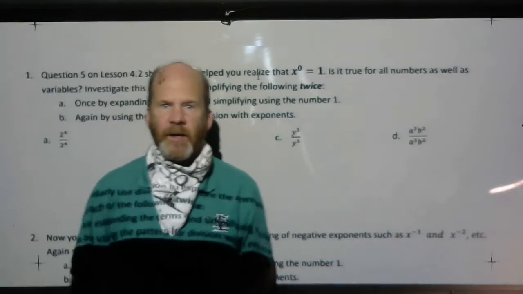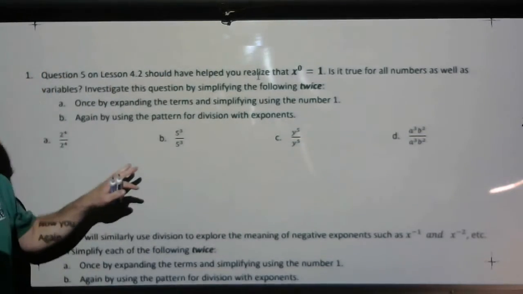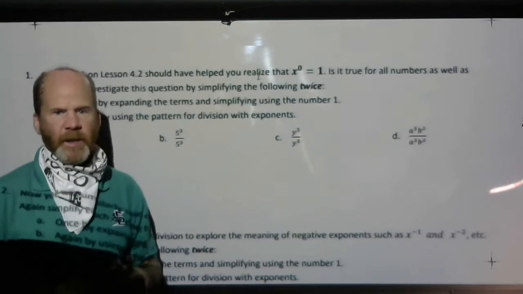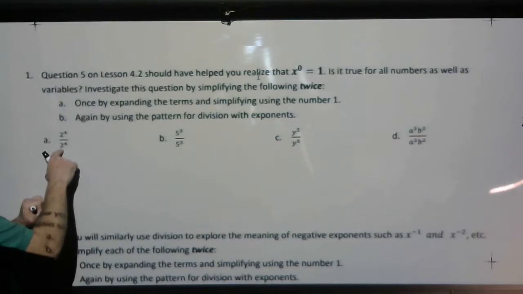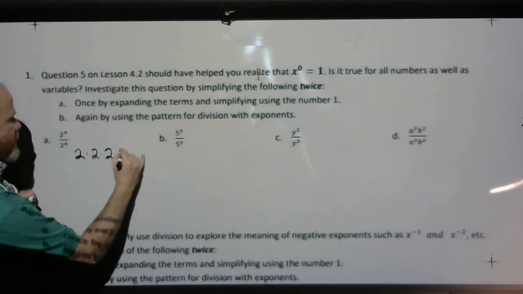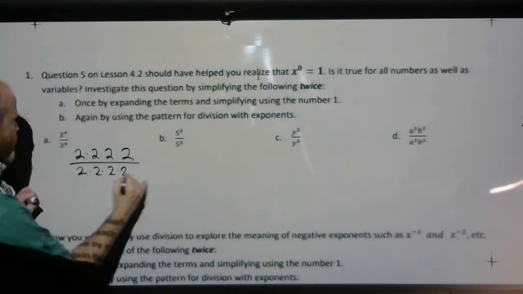All right, so let's take a look at a couple examples here on page 191. This first expression right here, we're going to do it old school, where we're going to do the expanded notation. It's 2 to the 4th divided by 2 to the 4th. So that was 2 times 2 times 2 times 2, all divided by 2 times 2 times 2 times 2.